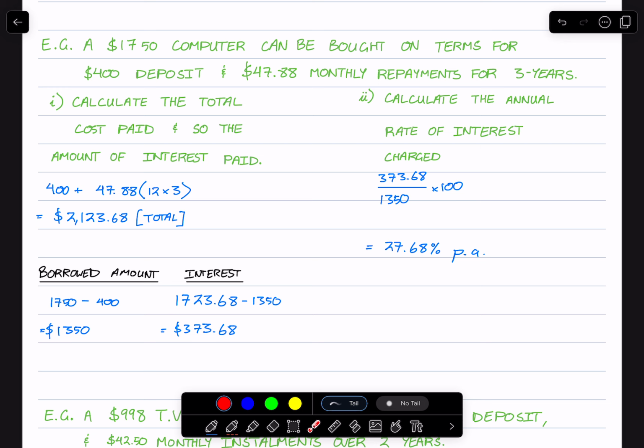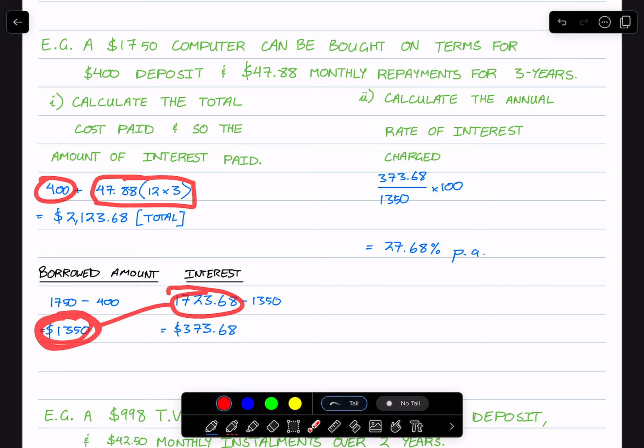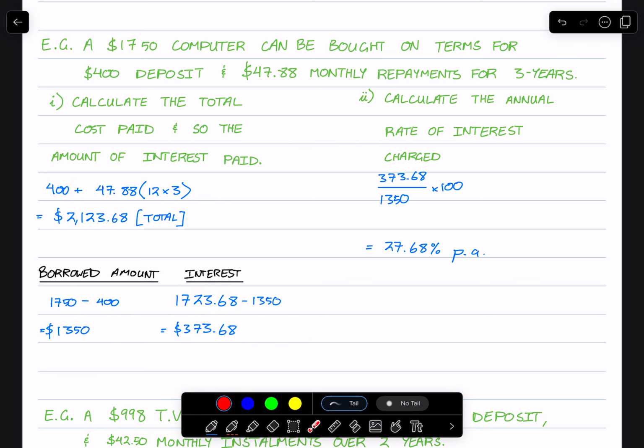However, remember that because we've already paid a deposit, the remaining amount after the deposit is what we are borrowing. And the interest can be found from the difference of this and the total repayments, not including the deposit.